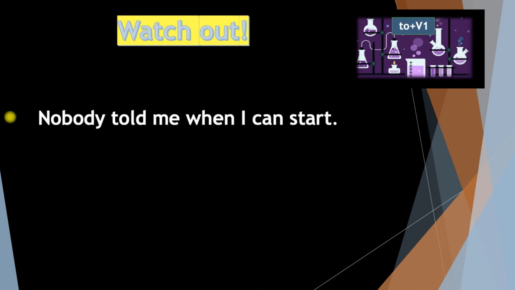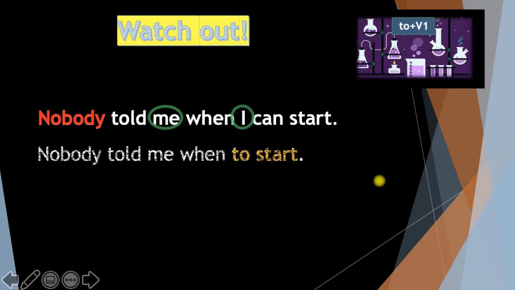A final note for you, please be very careful with this. A sentence like this can also be reduced. Nobody told me when I can start. When I can start can be reduced as well, okay? Although nobody is not equal to I. These are different. However, there is an object here, me, that refers to I. These are the same. So I can reduce this part into when to start, okay?